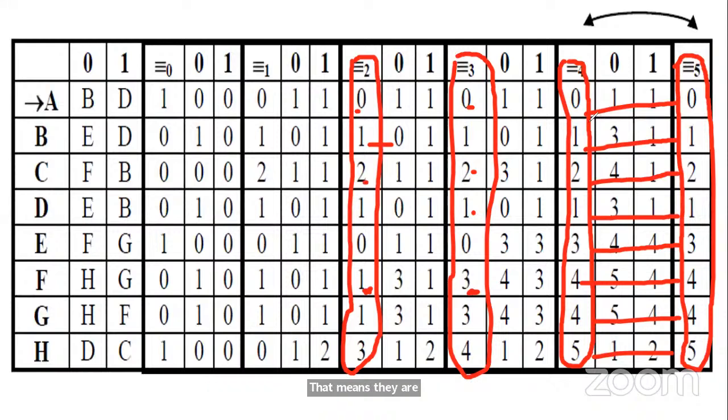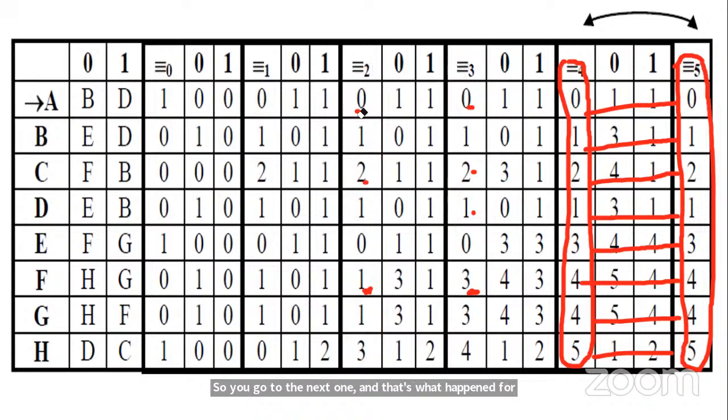So you go to the next one, and that's what happened for us to go to equivalence 4 and equivalence 5. When we got to equivalence 4 and 5, when we looked at the successive one, we found out that equivalent 4 and equivalent 5 are the same in their outputs. Do you understand up to that point?